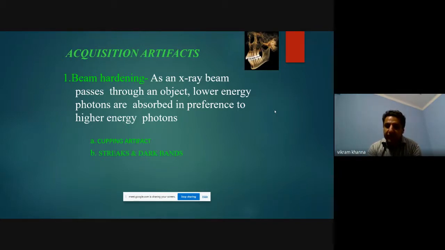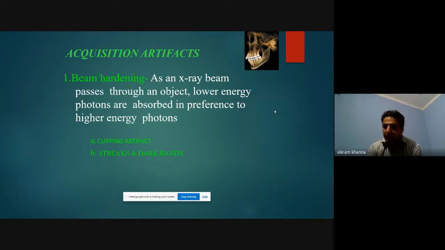Now the resultant beam which has come out of the filling will be having much higher energy as compared to the beam which is striking the filling. So that is called beam hardening. Means beam has got hardened. Actually the average energy of a beam has increased.